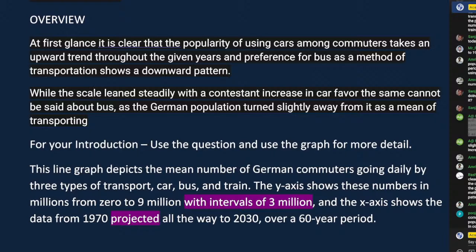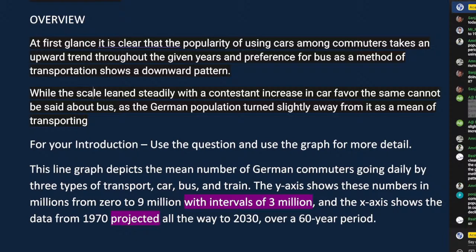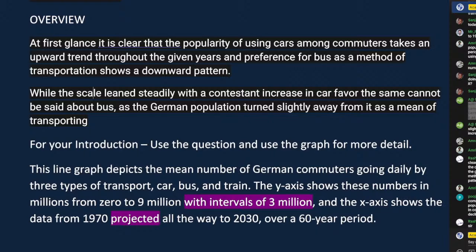That's a little bit of an awkward use of the English language there. Mal, definitely do not use language on the IELTS that you're not sure is accurate. Okay, so while the scale leans steadily, this is very confusing for me.